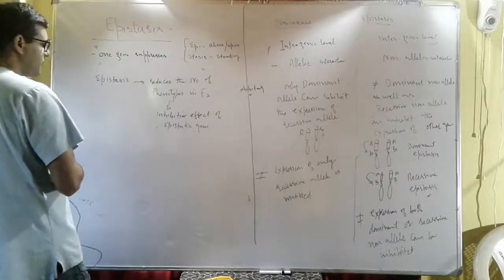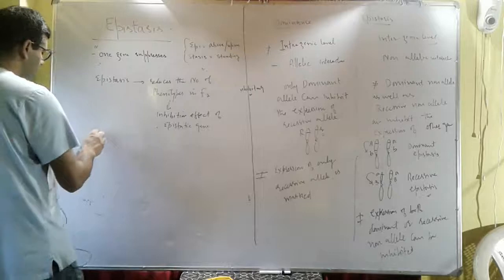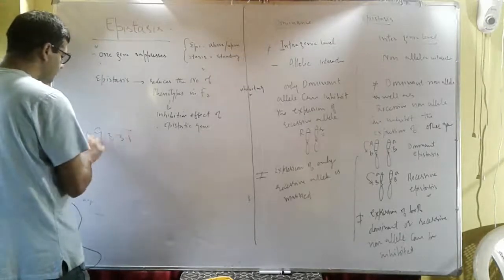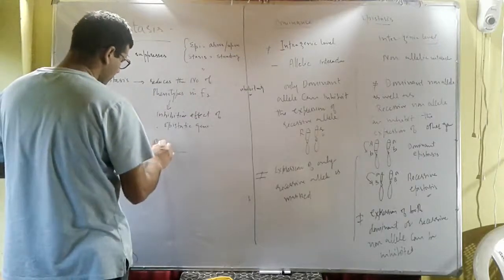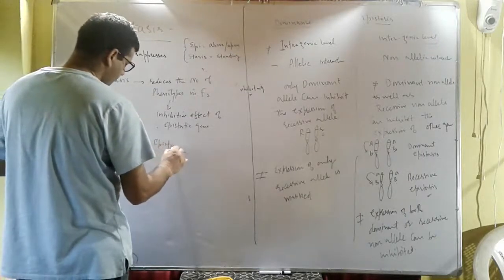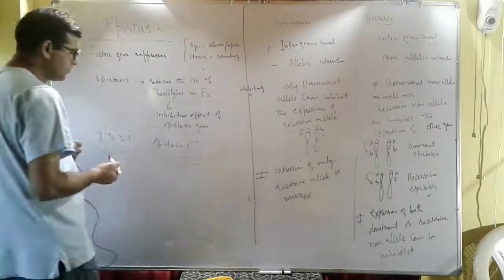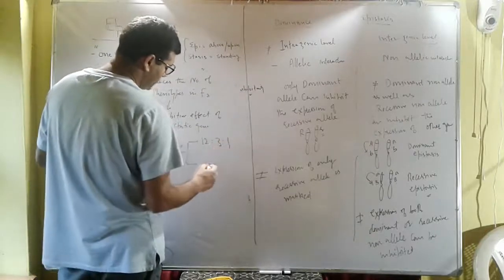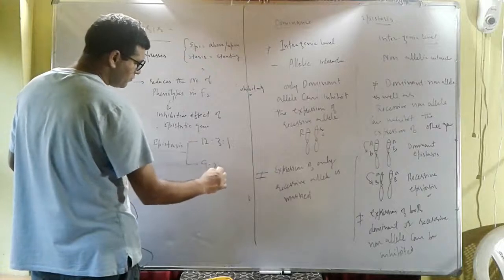As a result of that, the normal dihybrid ratio gets modified to 12:3:1, or it gets modified to 9:3:4.